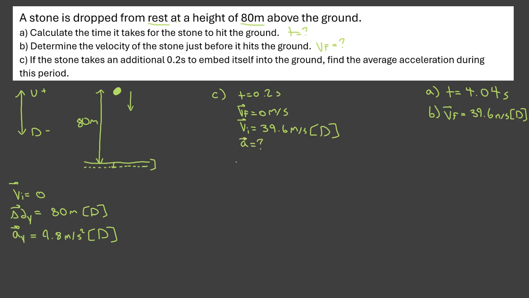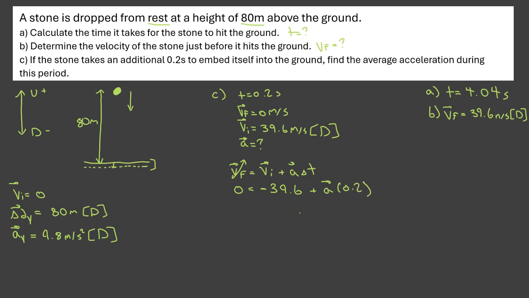So I can therefore use the following big 5 kinematics equation: final velocity is equal to initial velocity plus the acceleration times the time. My final velocity is 0, so I'll have 0 equals my initial velocity, which is 39.6 downwards, so that'll be a negative value, negative 39.6, plus the acceleration, which we don't know yet, times the time, which we said is 0.2 seconds.